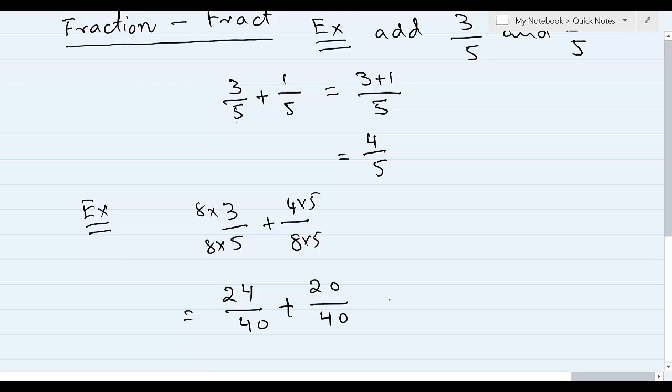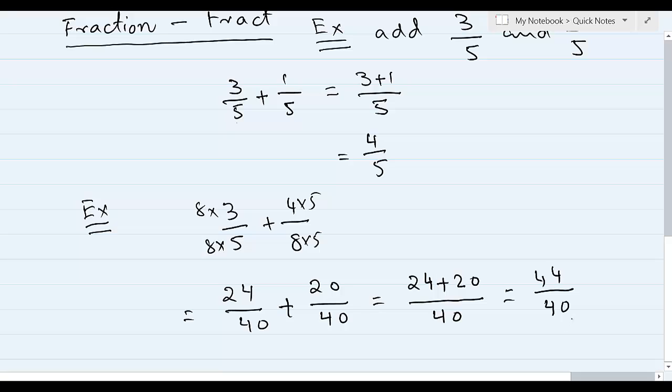Now the denominators are the same, therefore we're going to add the numerators, which will be 24 plus 20 over 40, and this will become 44 over 40.